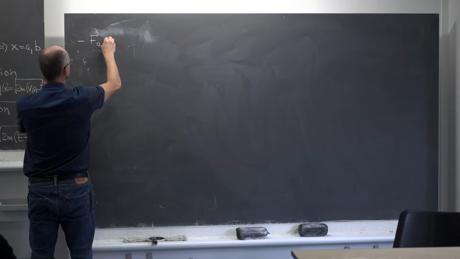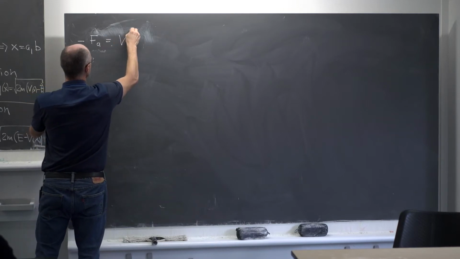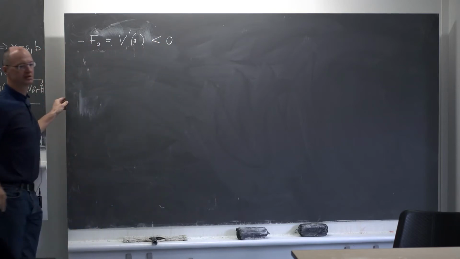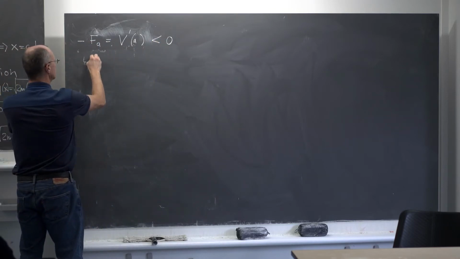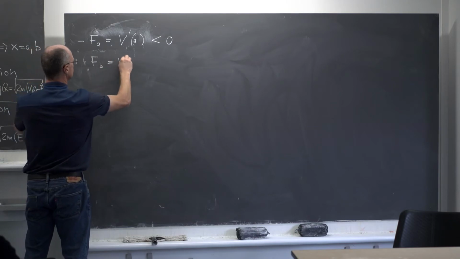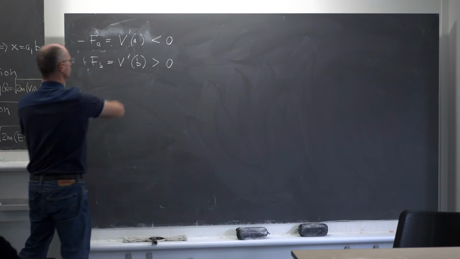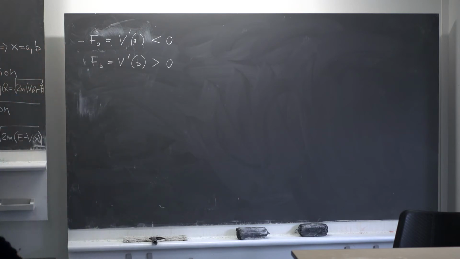Minus Fa is equal to V prime of a. This is smaller than 0. And Fb equal to V prime of b is greater than 0. So it's actually as on the drawing.